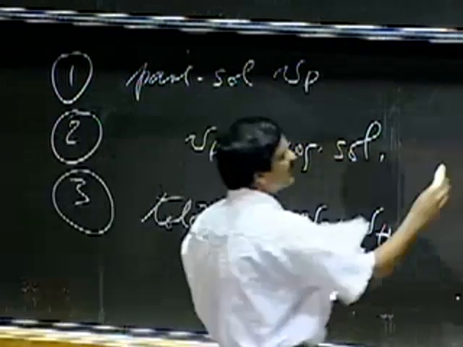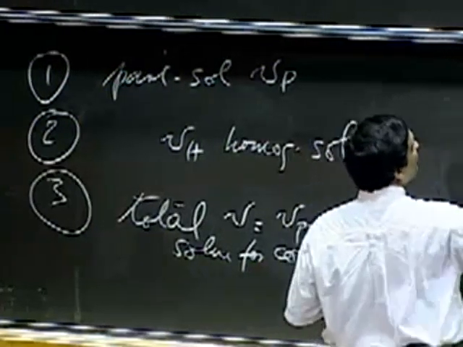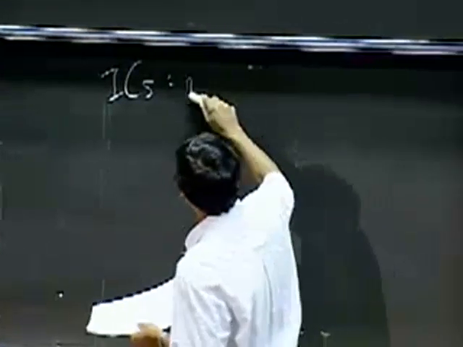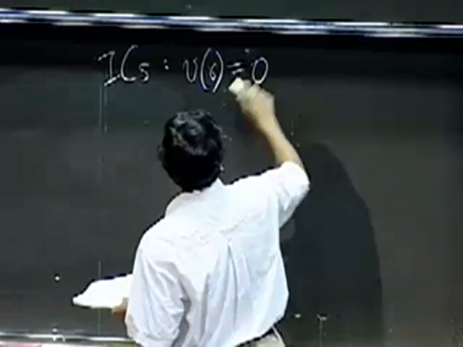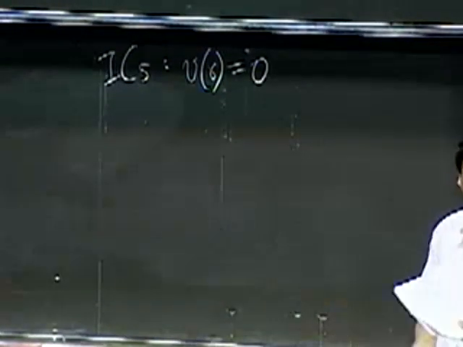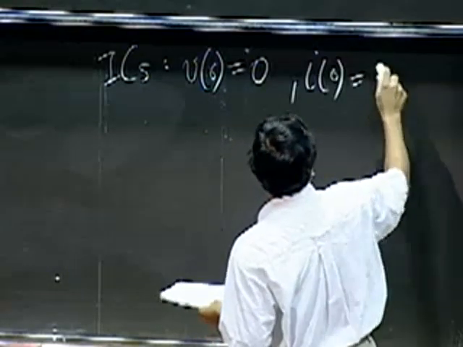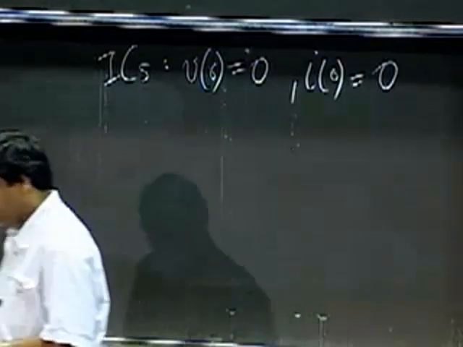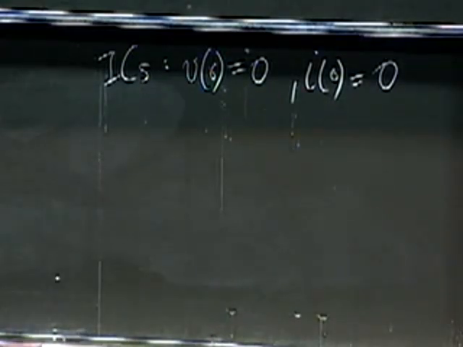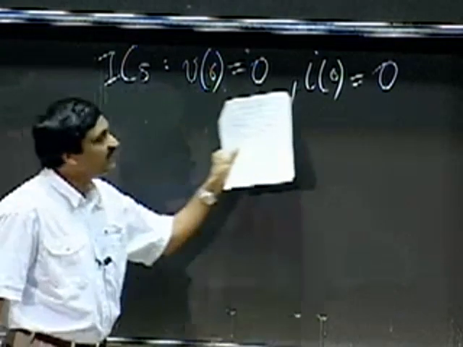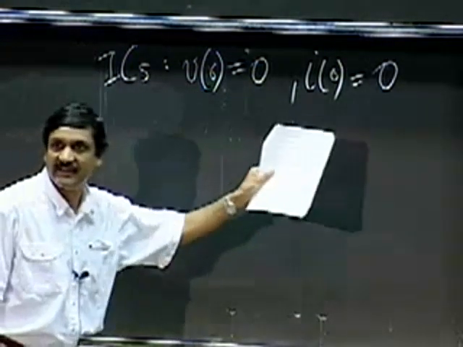So let's write down initial conditions. Let's assume for simplicity that my initial conditions are simply the voltage across the capacitor is 0 to begin, and the current through my inductor is also 0 as I begin life. Now, this is what is called zero state.